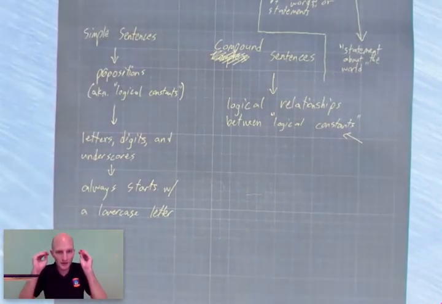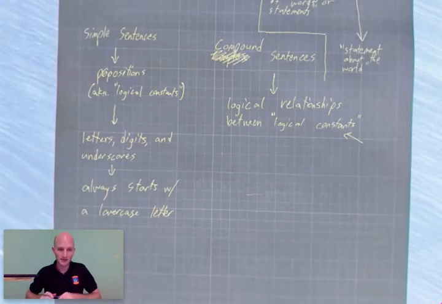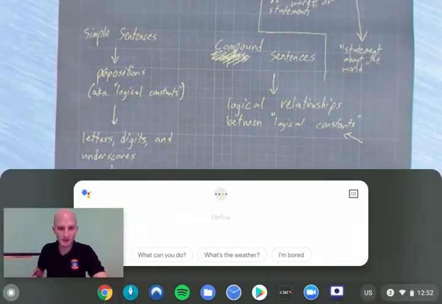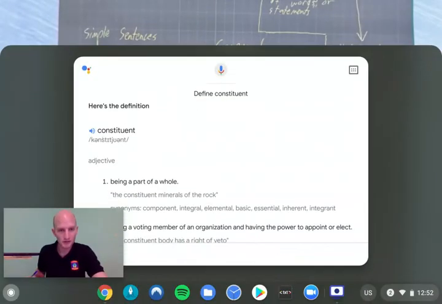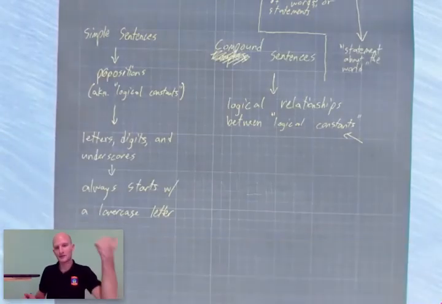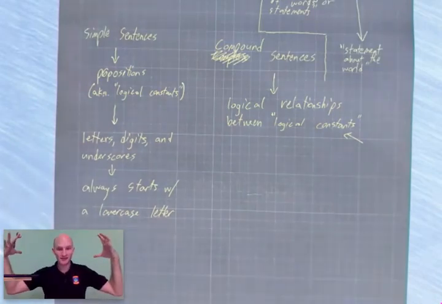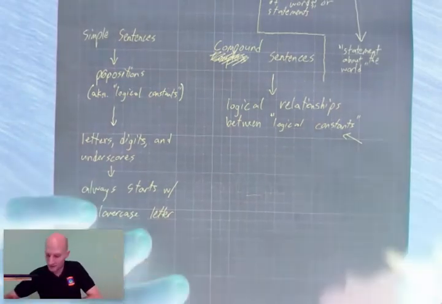If you want to describe something that is a part of a bigger whole, we use the word constituent. The definition of constituent is being a part of a whole. So the simple sentences inside the compound sentences are each constituents.